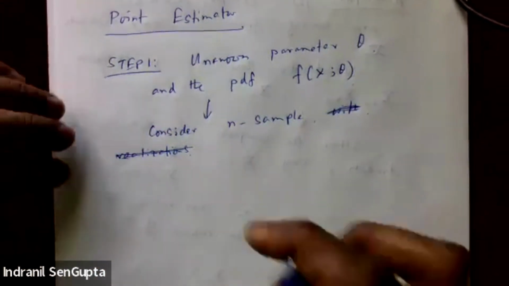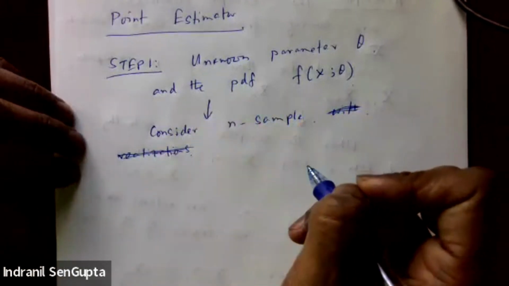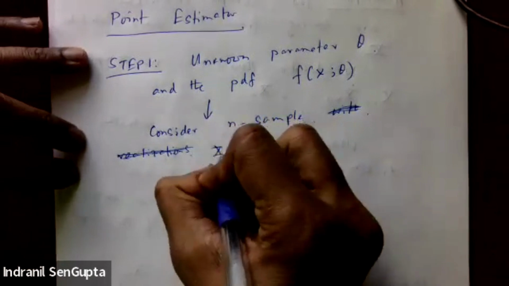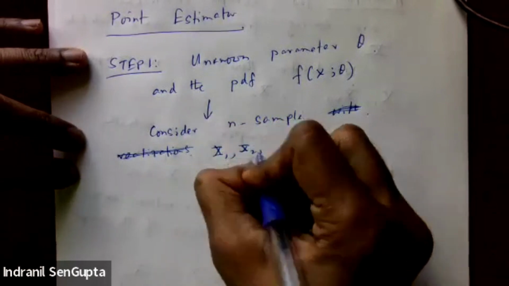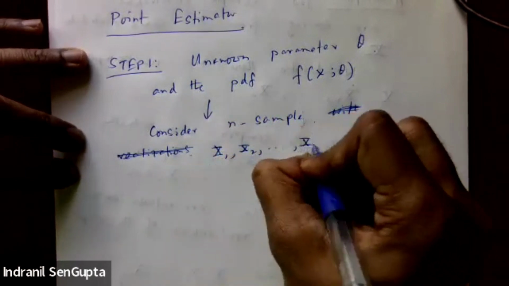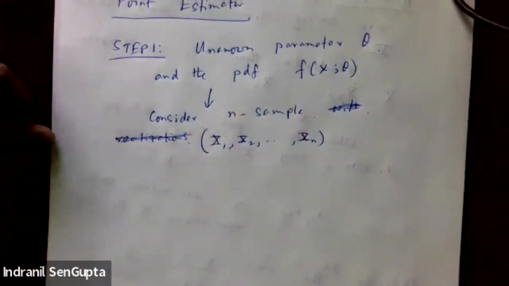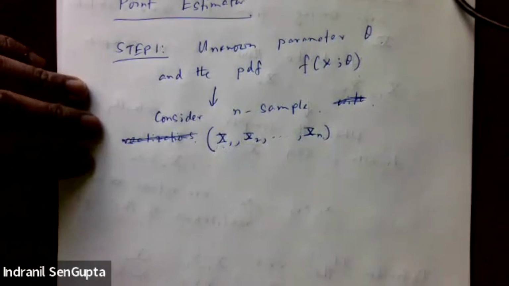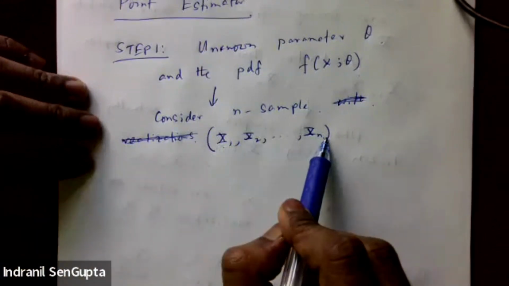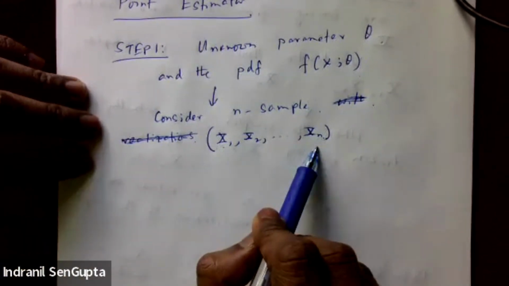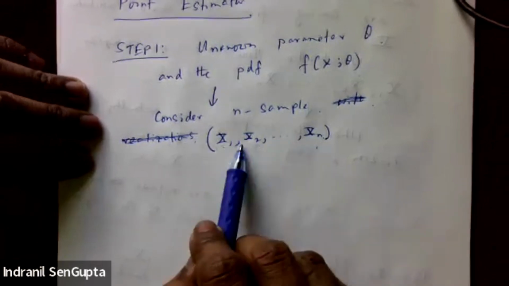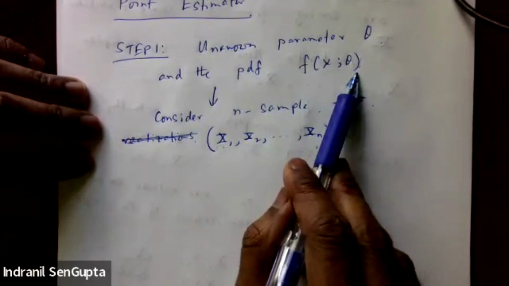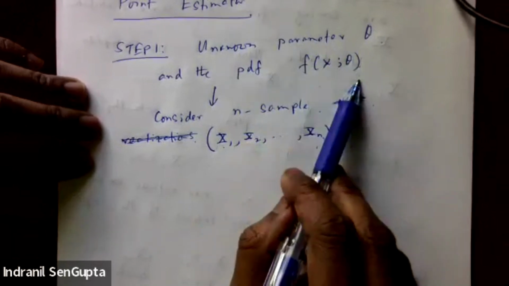So now if we have n samples, that means the random variables now are x1, x2, xn, right? And they're IID. They are independent and identically distributed. What kind of distribution does each follow? f of x theta. Right? We don't know theta, but we know the form of this one.